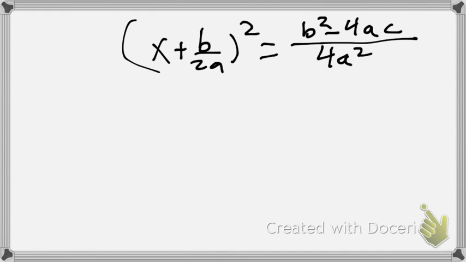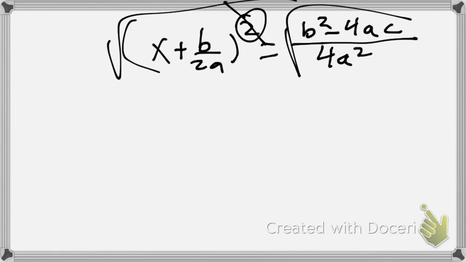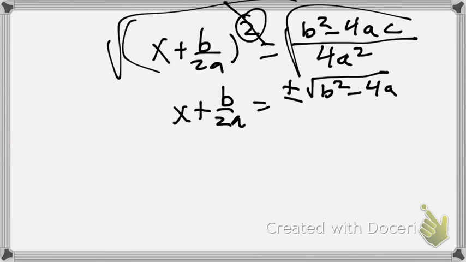Now our next step, so we're down to one x. We've only got that one x left because in completing the square, we are able to put the x squared and the x together, basically. So we then square root both sides, and we have x plus b over 2a equals plus or minus the square root of b squared minus 4ac over the square root of 4a squared.